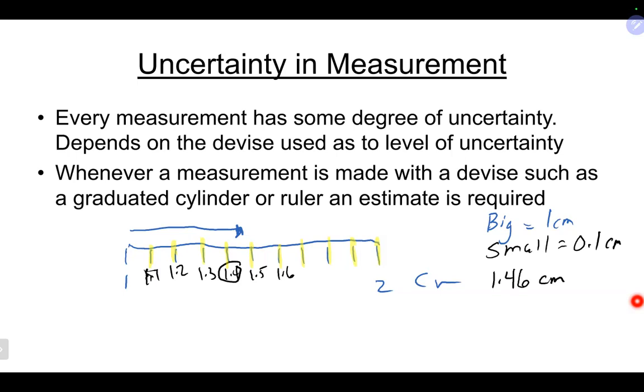When we record a measurement, we should always record all of the certain numbers plus the first uncertain number.